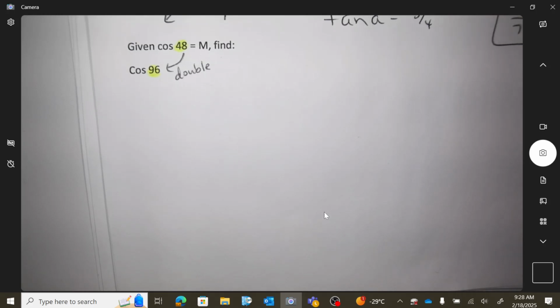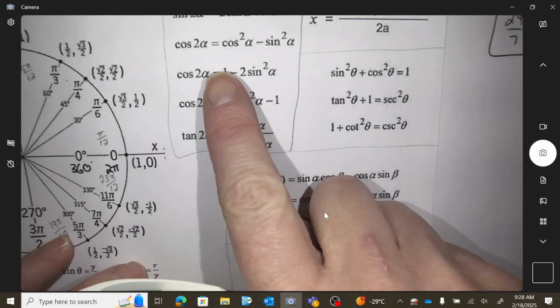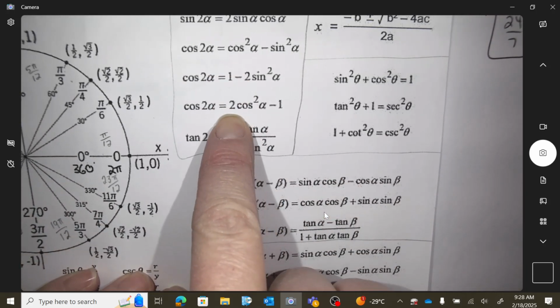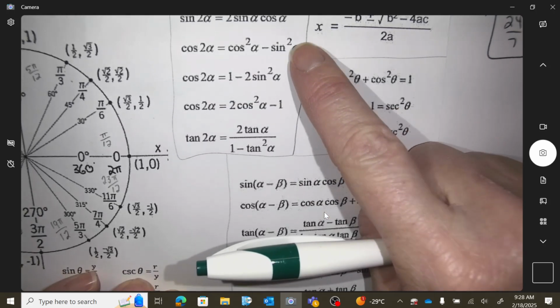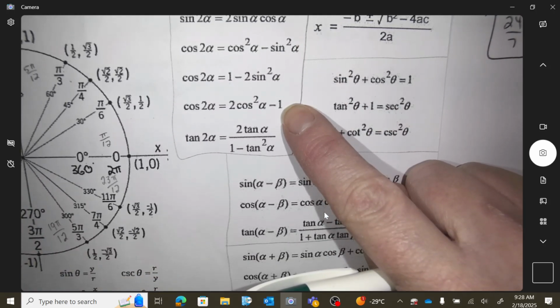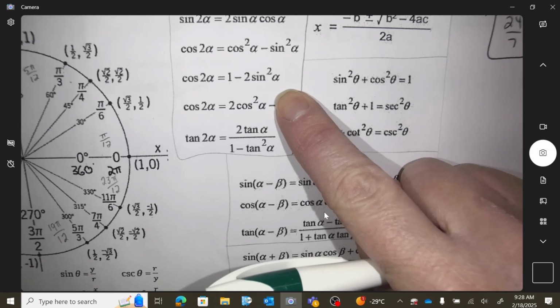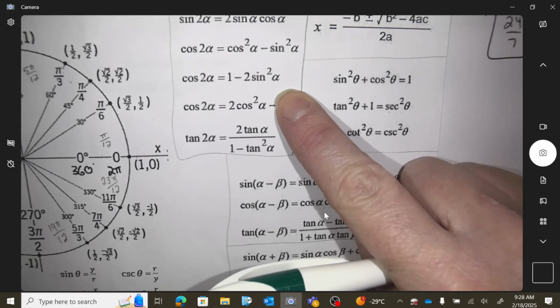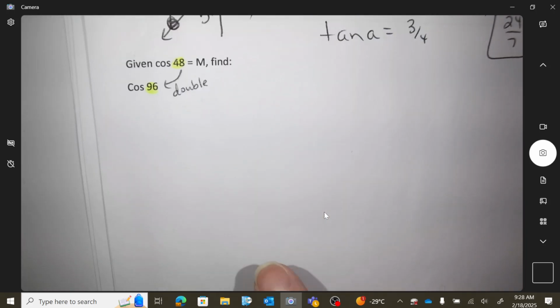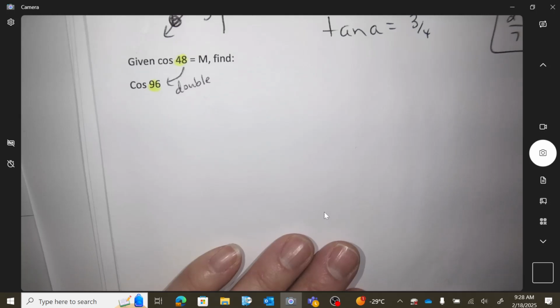So I'm going to grab out my sheet. Okay, there's 3 options. Option 1, option 2, option 3. Okay, I can only use one of these to answer my question. Which one do I have to use?